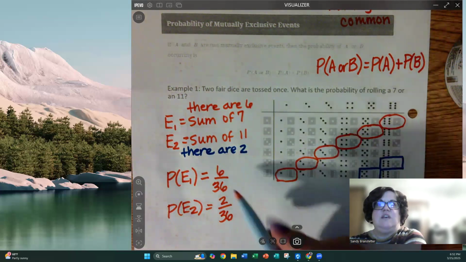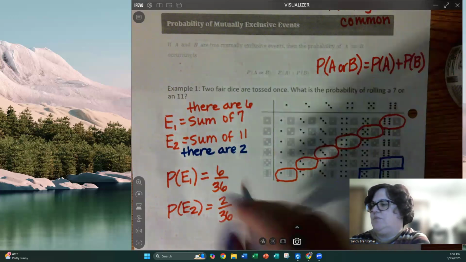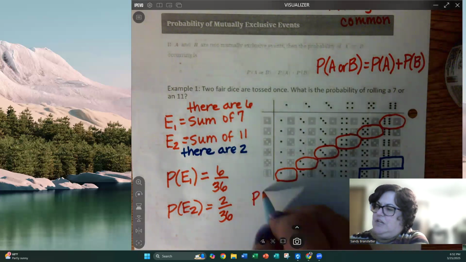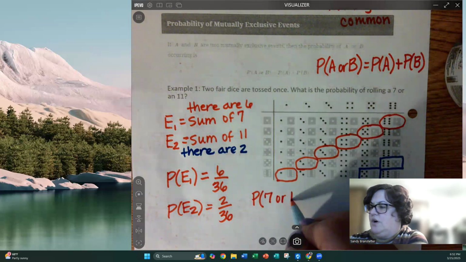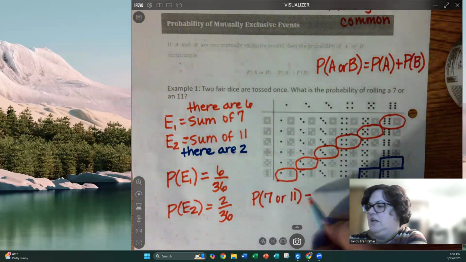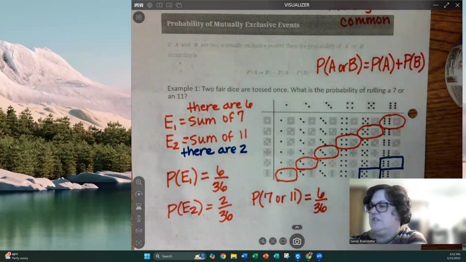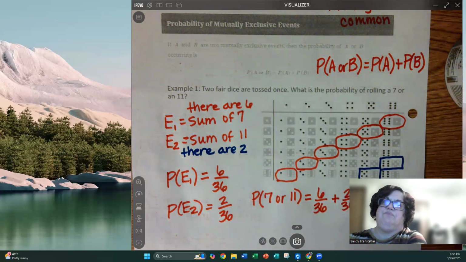Now, in this case, I'm going to leave them in this format. I'm not going to put them in lowest terms because we have to add them together. So the probability of getting a sum of 7 or of 11 equals the probability of getting a 7, 6 out of 36, plus the probability of getting an 11, 2 out of 36.